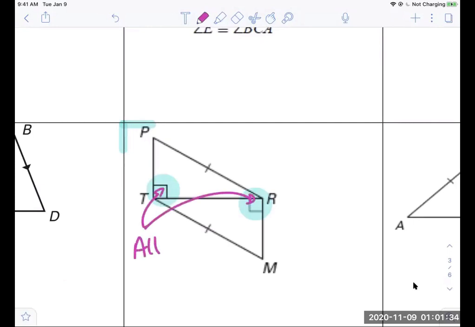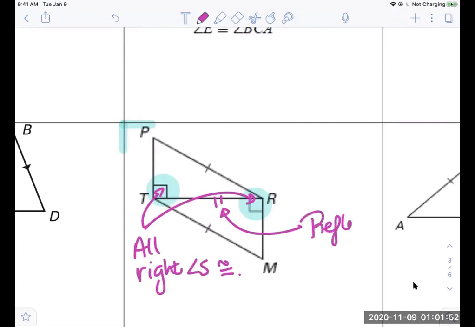That is a theorem. All right angles are congruent. So there's our pair of congruent angles. Then we were given the pair of congruent sides, and then we also know that the shared segment there is the same by the reflexive property of congruence.